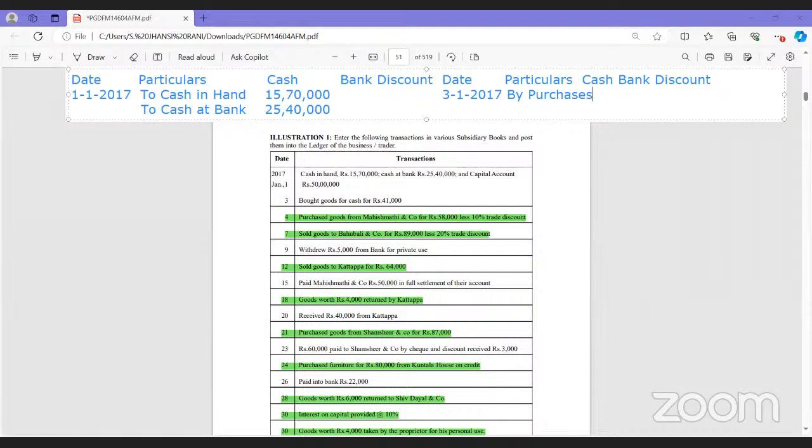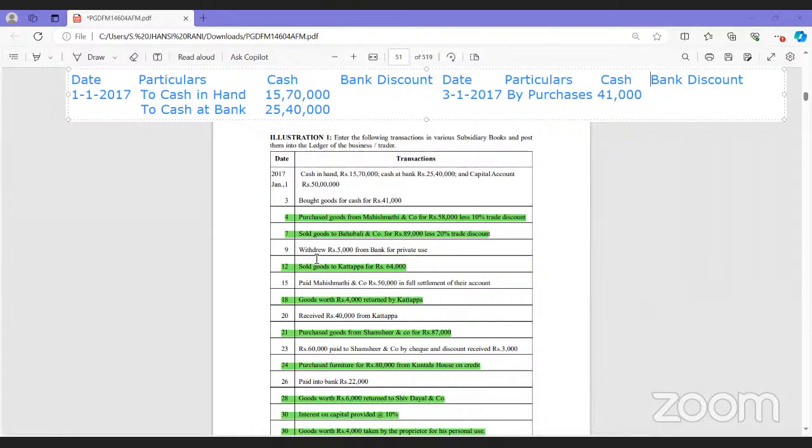And the amount is 41,000. Cash is paid now, so I'm writing it in the cash column.